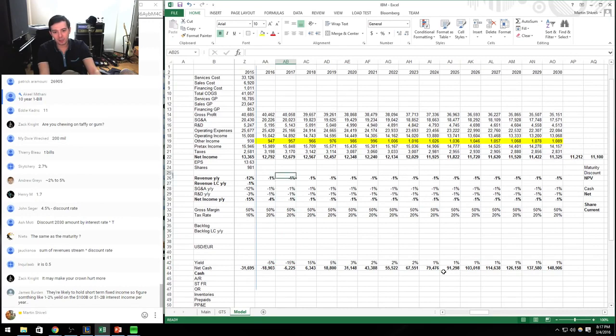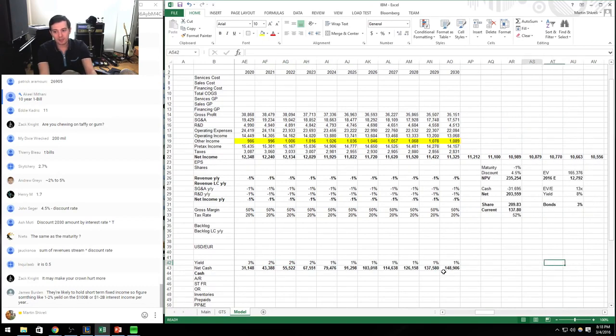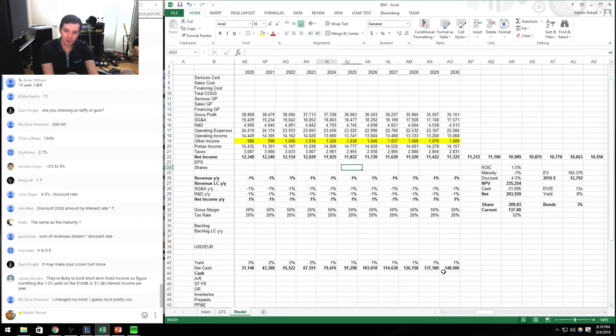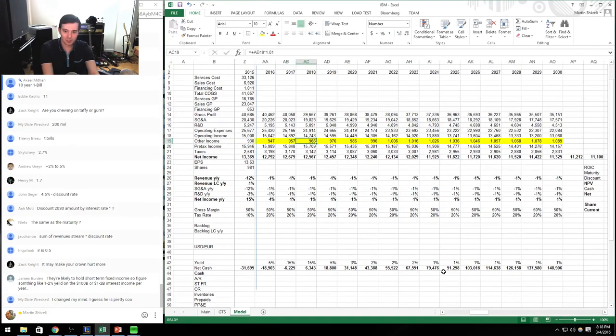They're even making money when they have debt. So one thing we can add to this is actually called ROIC. That's return on invested capital. We can assume that IBM will make 1% or maybe 1.5% every year on its cash balance. That's a crazy idea. So we'll start it here.